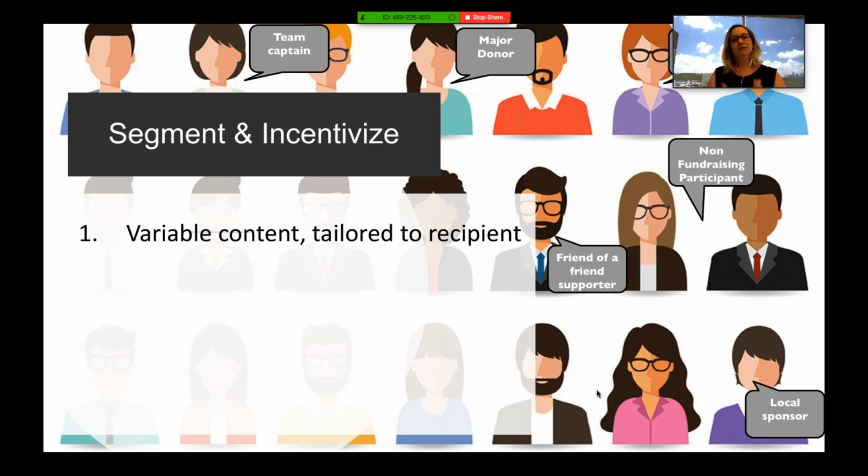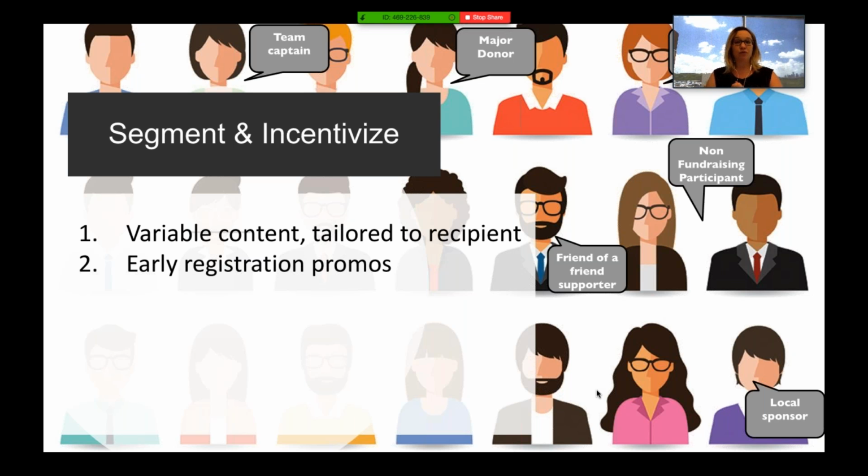One default ask, appeal, or initial launch message to ask people to get involved, and make little tweaks based on the group of people that you're sending it to, whether it is a past donor who didn't participate versus someone who's been to your event before.